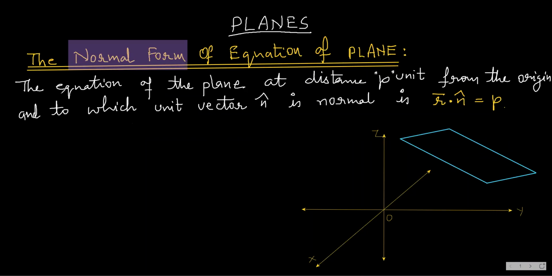What is said? It says the plane at distance p unit from the origin. So from origin, the distance is p units. There is a perpendicular from point O to the plane, and this perpendicular gives you the distance of plane from the origin.